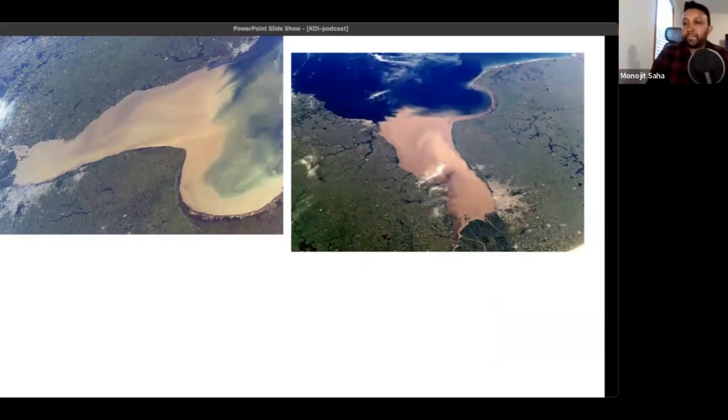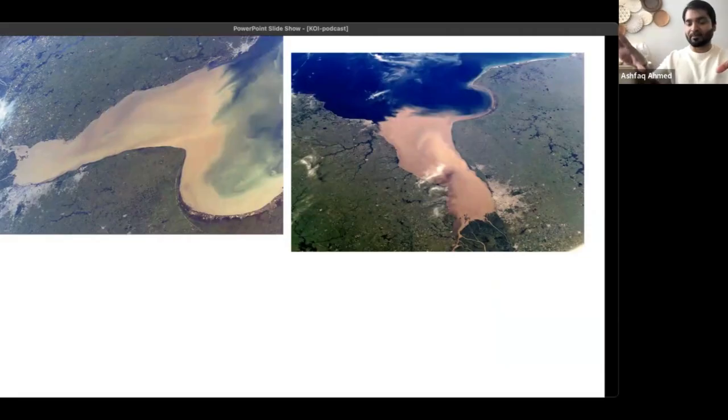So it's a mixing region between fresh water and salty water, low density water versus high density water, low turbidity water versus high turbidity water. So a lot of different properties of water are mixing up here. Some crazy interesting fluid dynamics is happening. So this is a playground for all the enthusiastic fluid mechanics people who want to study fluid mechanics, either from space, from observation, or from the laboratory, it doesn't matter. Estuaries are the place where you will get everything.